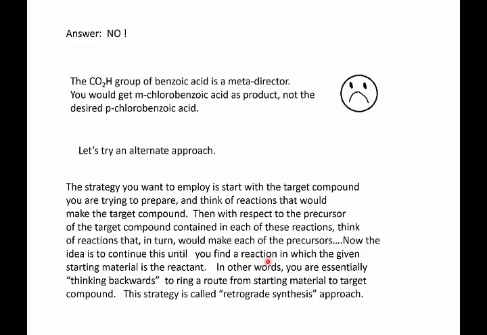If you find a reaction that makes a precursor, think of a reaction that makes the precursor of that prior reaction, working backwards to the starting material. You're finding a route starting with the target molecule, thinking backwards to ultimately the given starting compound. That's a general strategy that organic chemists use in synthesizing compounds. It's called retrosynthesis.